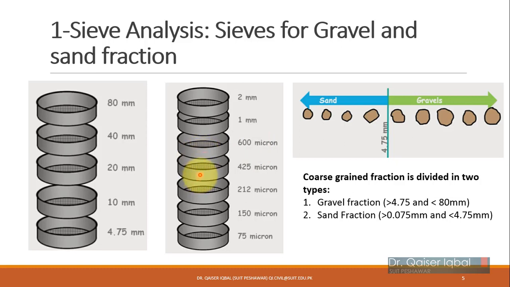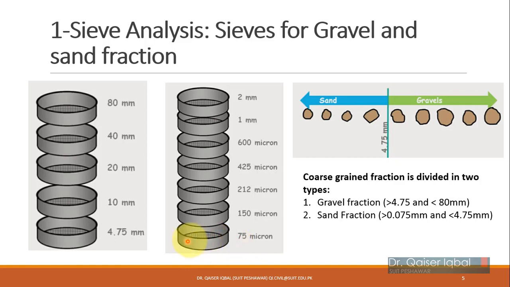And then you have 425 micron sieve or 0.425 millimeter sieve, 212 micron sieve or 0.212 millimeter sieve, 150 micron sieve or 0.15 millimeter sieve, and 75 micron sieve or 0.075 millimeter size sieve.